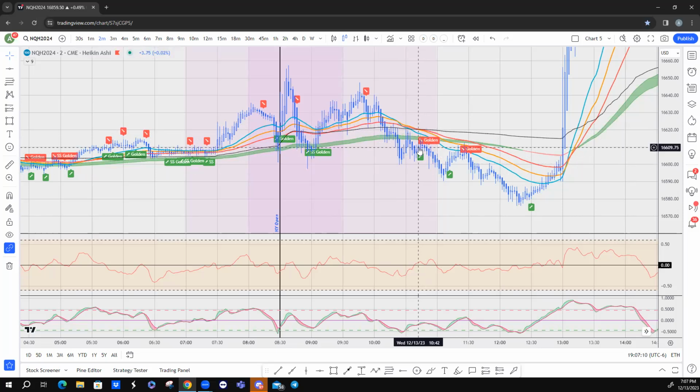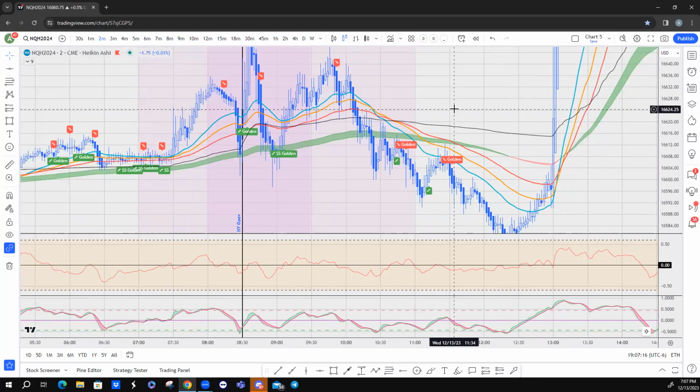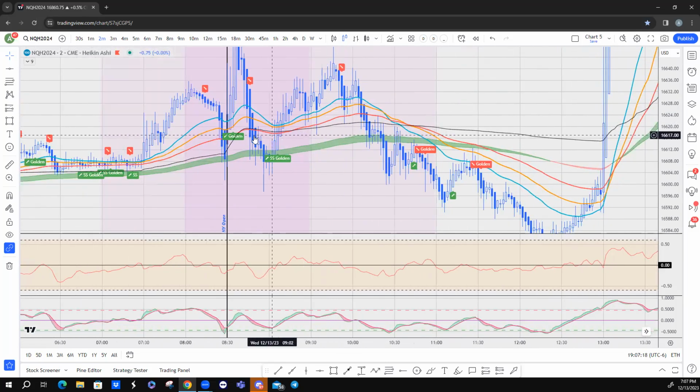With the slingshot, the way I got that name is interesting. As the EMAs pull back, it reminds me of a slingshot. As a kid, you had the slingshot, you pulled the rubber band back, and you put something at the end.